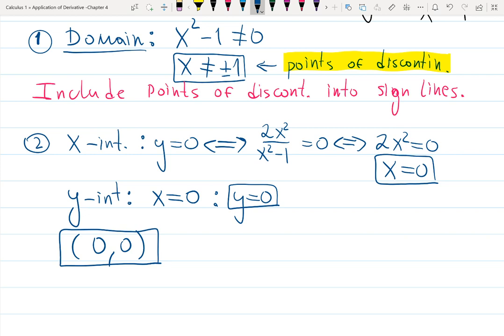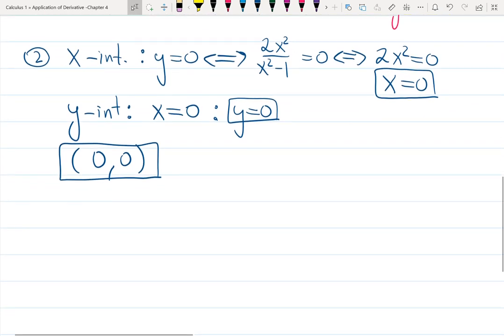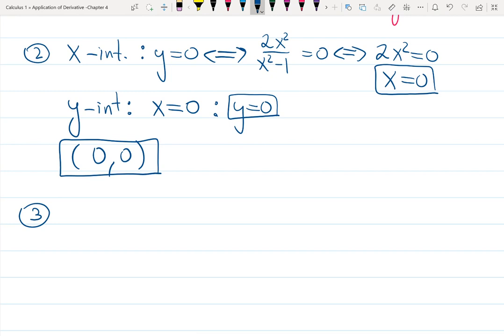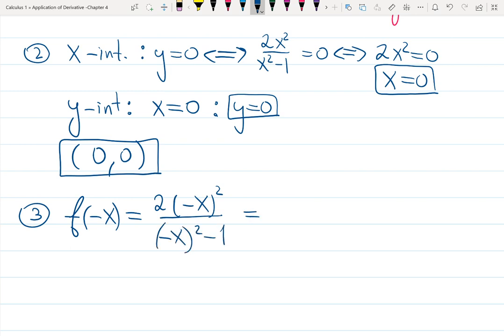Now the third step says exploit symmetry. So let's figure out if our function is symmetric. To figure this out, I will plug negative x into my function and see what's going to happen. If I plug in negative x, I will have 2 times negative x squared all over negative x squared minus 1. Look at that.